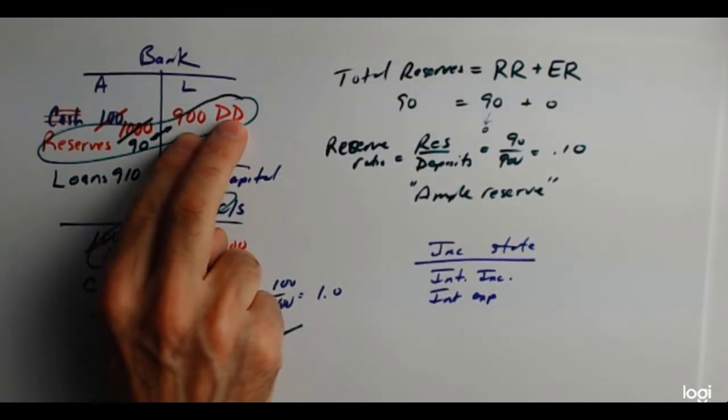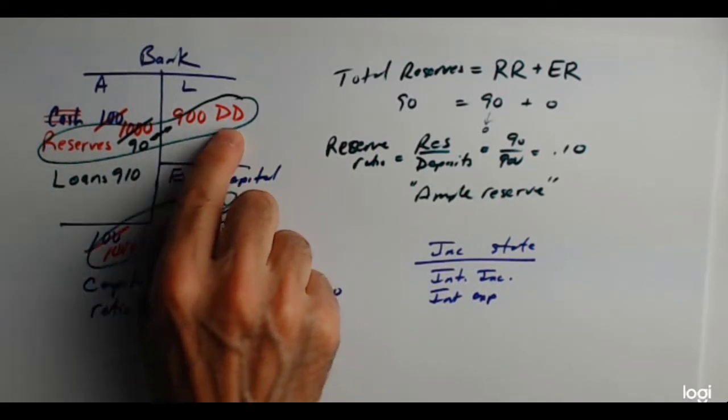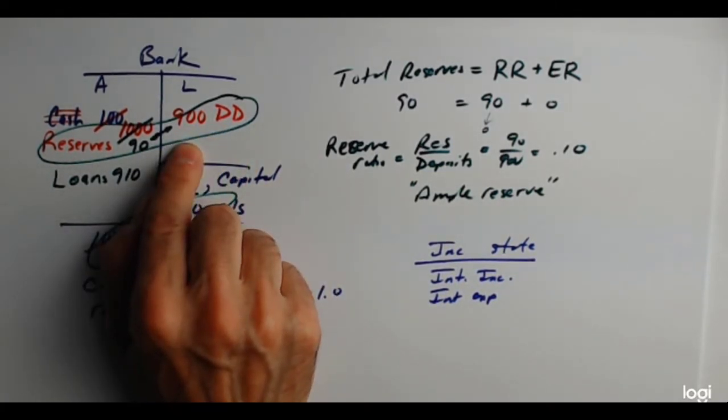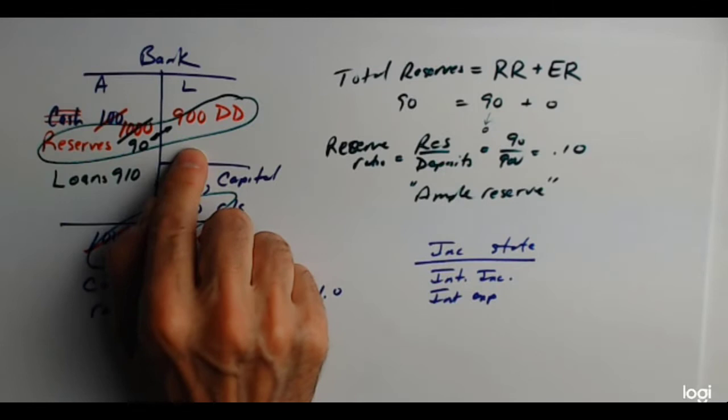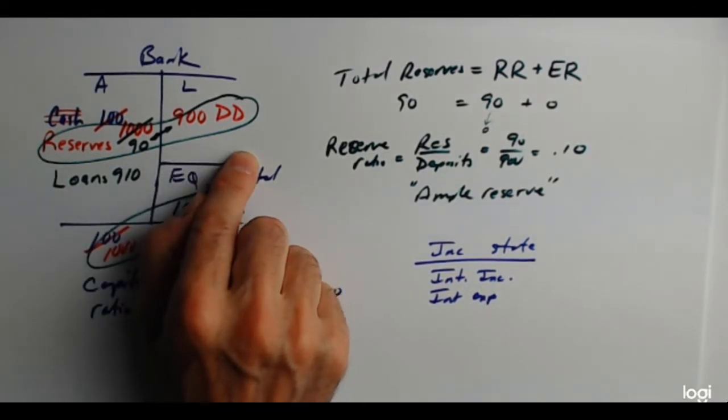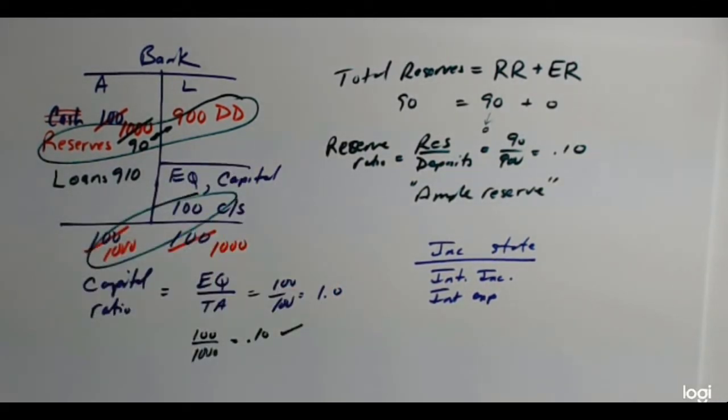There's interest expense, though, associated with time deposits and other deposits and other liabilities, which I have not modeled here. And a little later on in this video, I'll show you what the average actual bank looks like on a consolidated basis across the entire country from the FDIC, the Federal Deposit Insurance Corporation, which will look kind of cool. But we're starting off small here. We're not going to get into that detail.